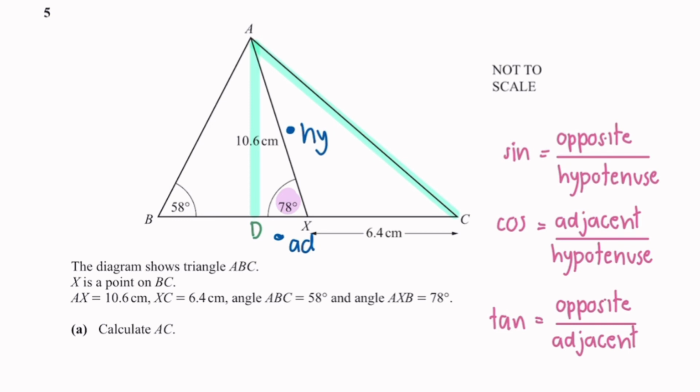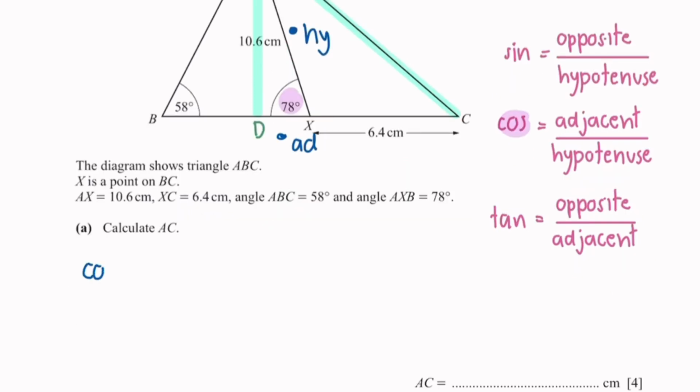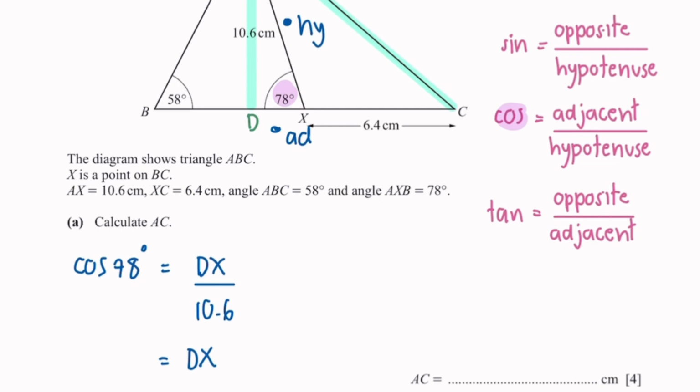Therefore, I will use cos. Cos 78 equals adjacent over hypotenuse, which is 10.6. Therefore, DX is equal to cos 78 multiplied by 10.6.